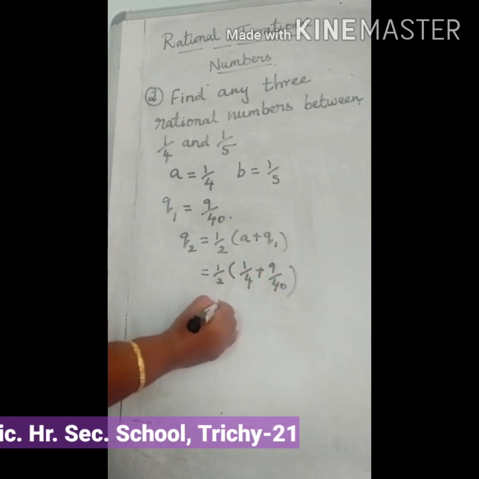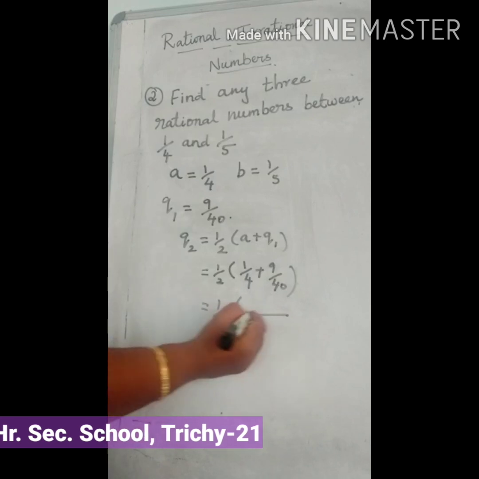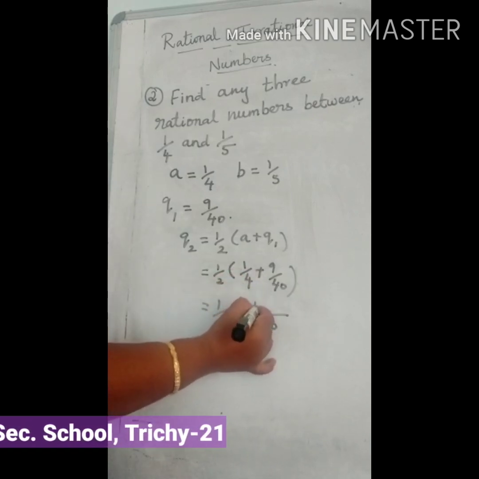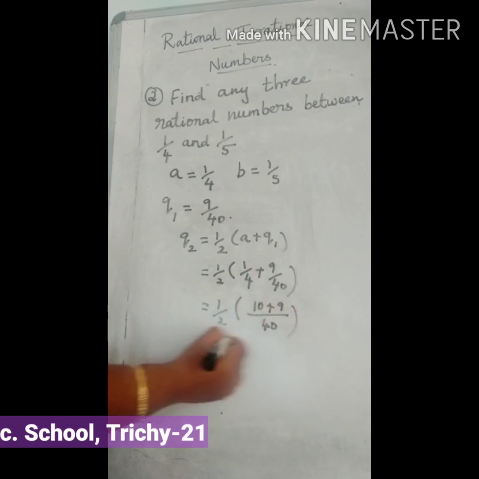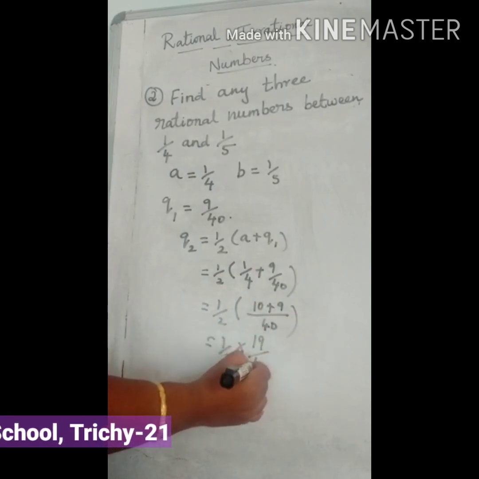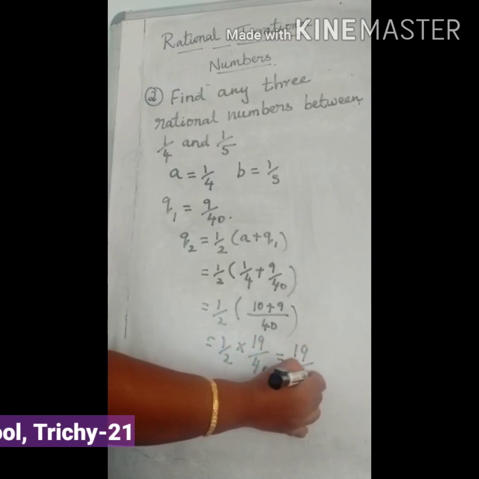That is equal to 1 by 2 into, the LCM of 4 and 40 is 40, so we get 10 plus 9 is equal to 1 by 2 into 19 by 40, that is equal to 19 by 80.